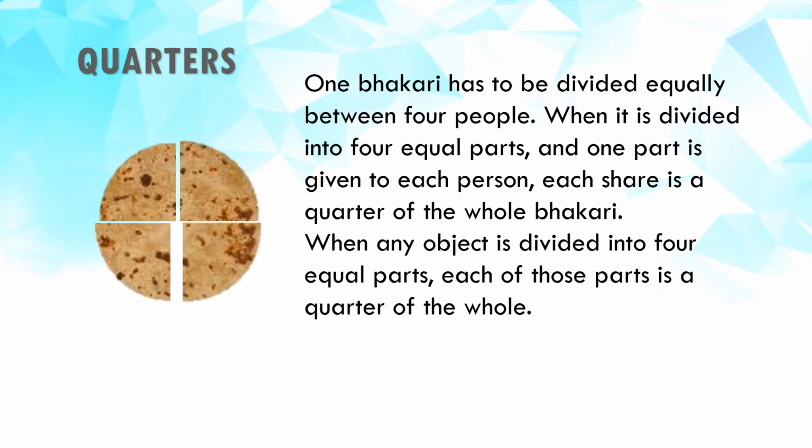When any object is divided into 4 equal parts, each of those parts is a quarter of the whole. So students, if we divide one bhakri into 4 equal parts, we get 4 parts to divide among 4 people. So each person will get one part, that is called a quarter part.